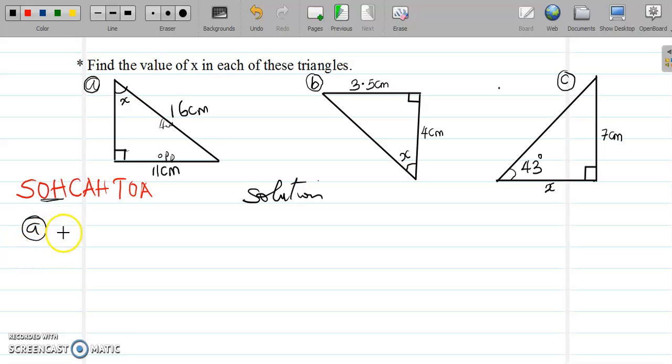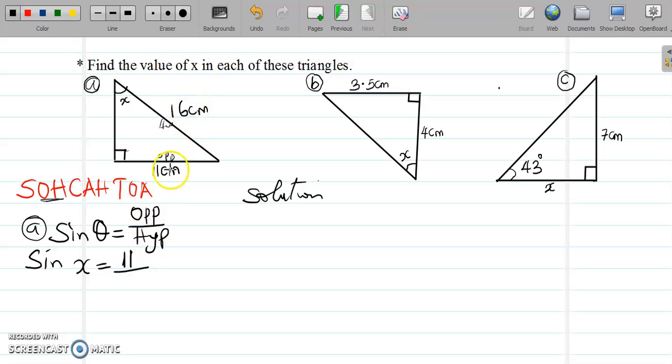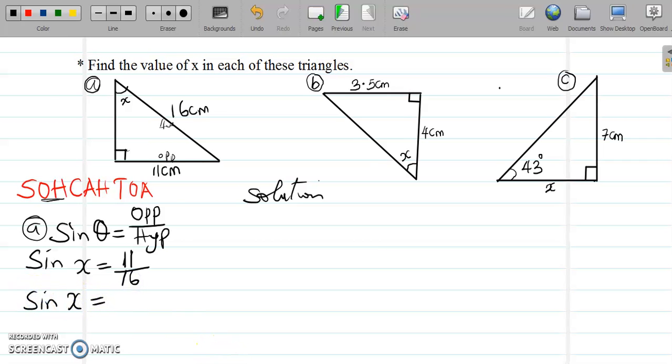That means sine theta is opposite over hypotenuse. My theta is x, I'm looking for x. Sine x is opposite, 11, over hypotenuse, 16.